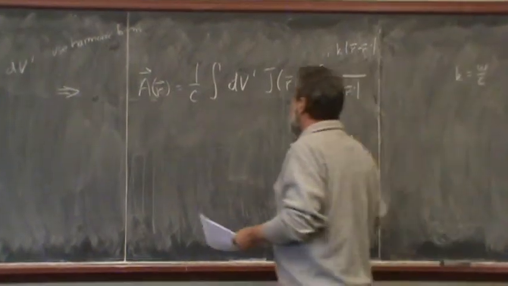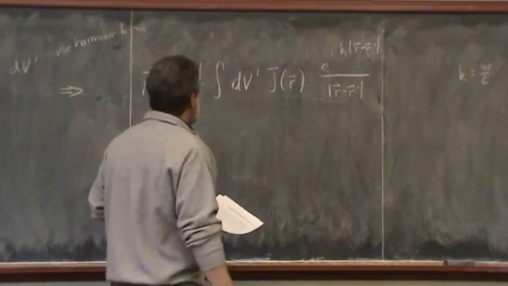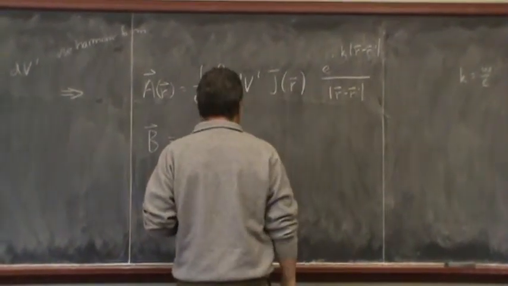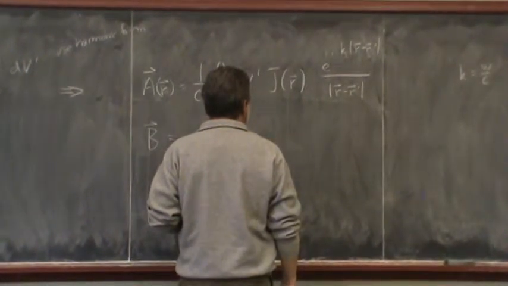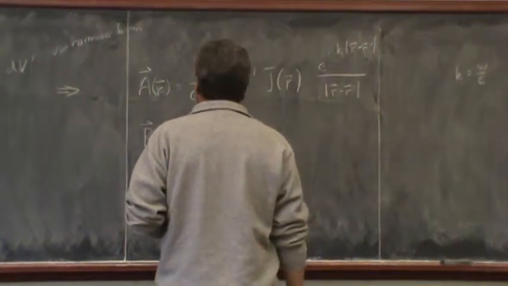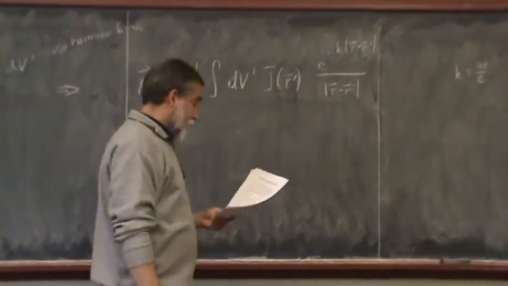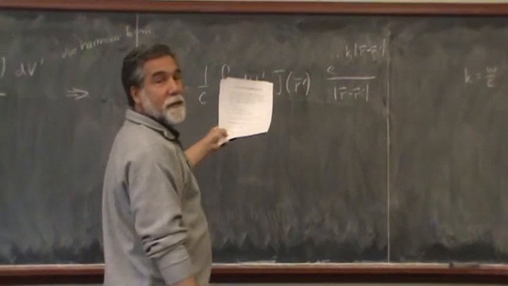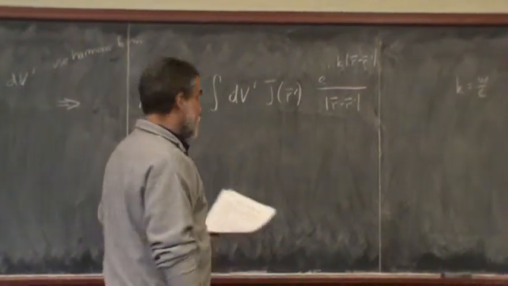And then from this, is that an R prime inside of J? Yes, thank you. That's what I have in my notes, too. But it must be.